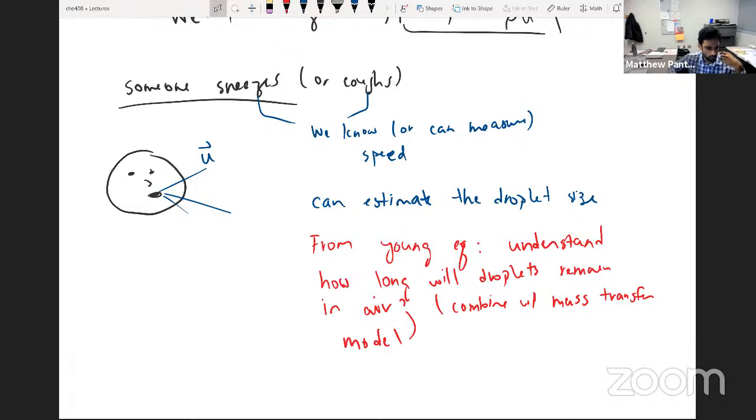So again, these are practical things that you can do back of the envelope calculations to convince your neighbor that, for example, wearing a mask is an effective way of mitigating the spread of disease. Okay, so you all have the tools to be able to do that now.